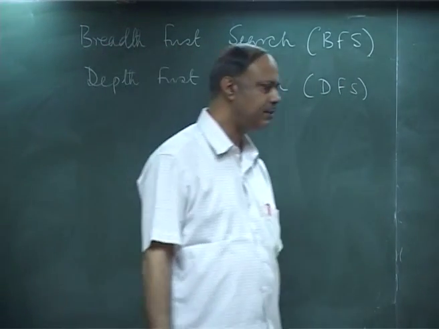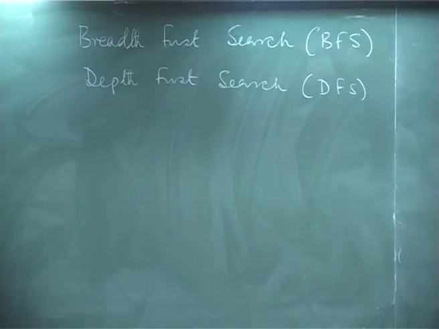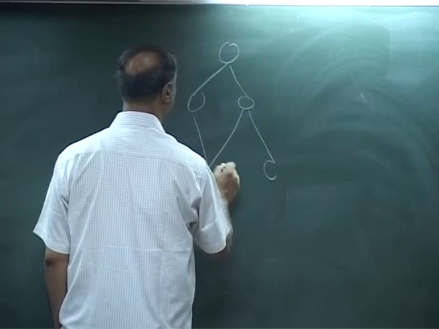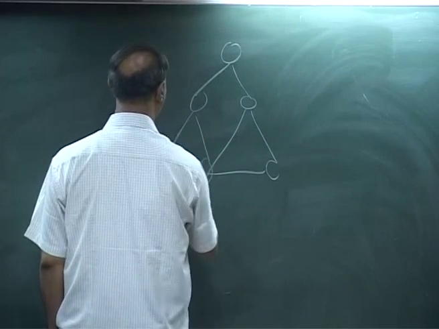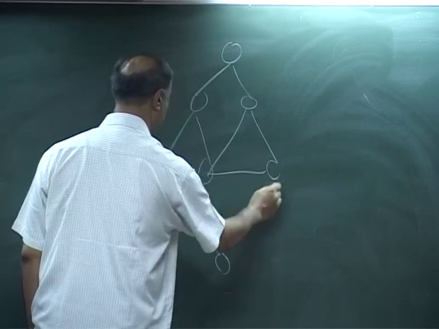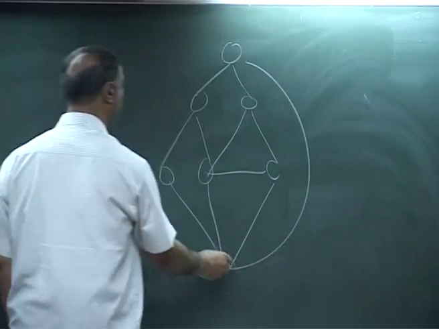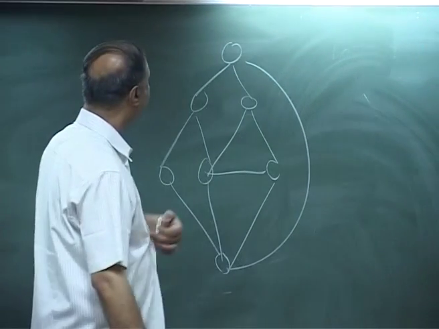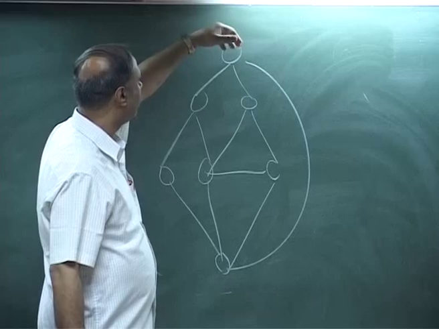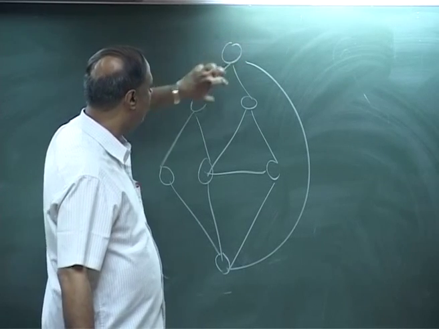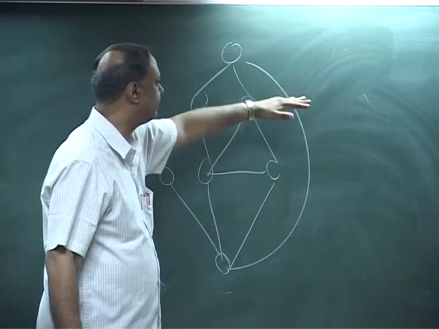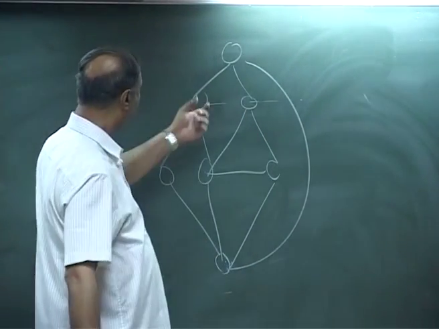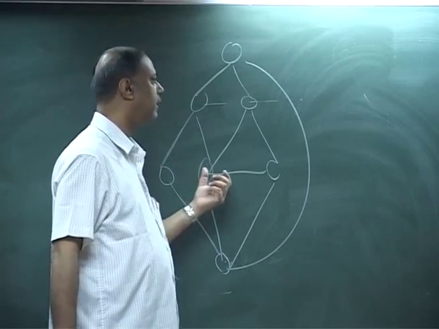So the difference between these two is that suppose you have a graph. One is that you first select this, visit this node, and then you visit all its adjacent nodes, then for each adjacent, you go to the next one, and so on.